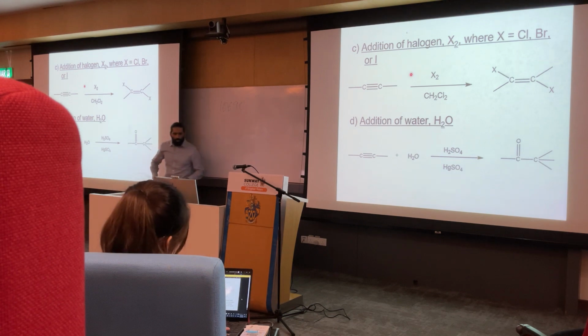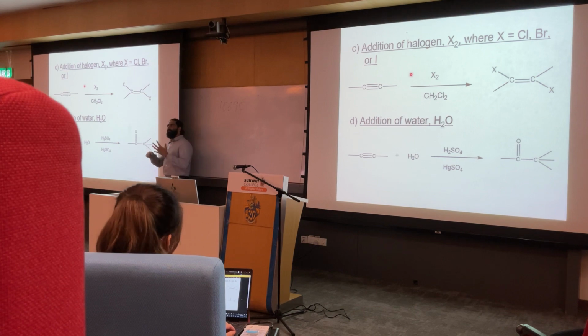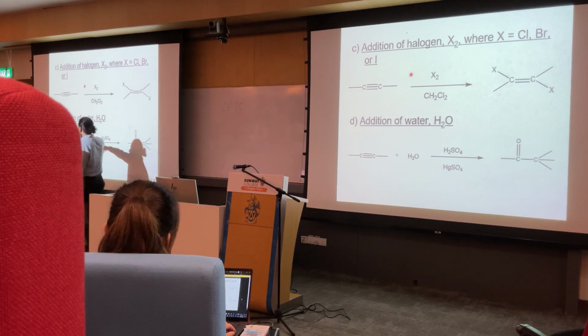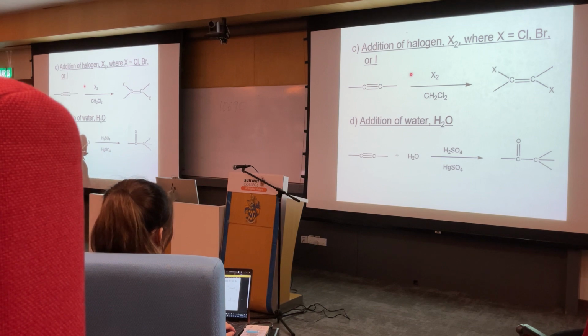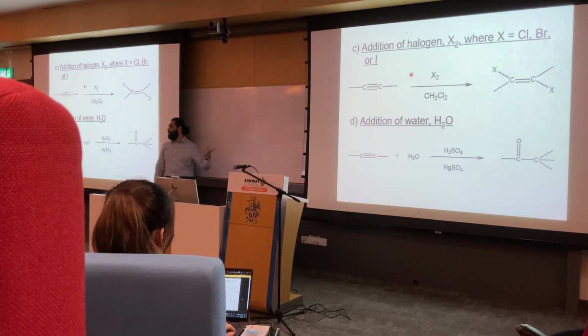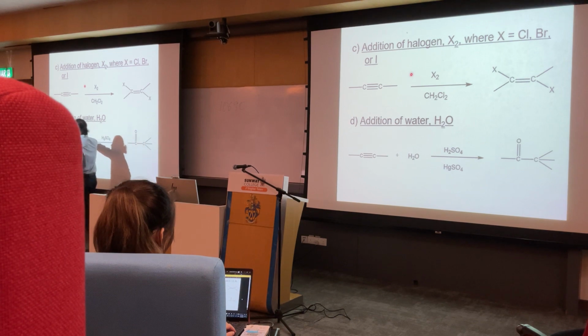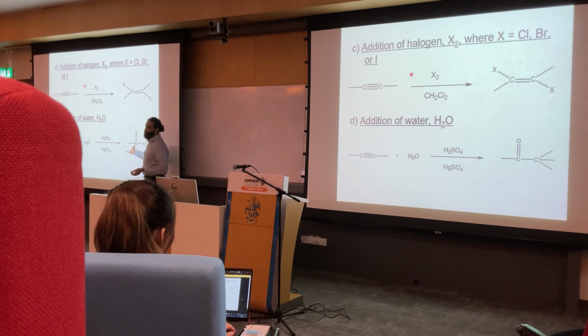Now, two reactions I want you to note down which are different from alkenes. The first reaction is hydration. When we added a water molecule to an alkene, we got alcohol there. Not dehydration, I meant to say hydration reaction. When I said dehydration, I thought that you would be clear. So hydration of an alkene gave you alcohol. But when we hydrate alkynes, we get carbonyl compounds.